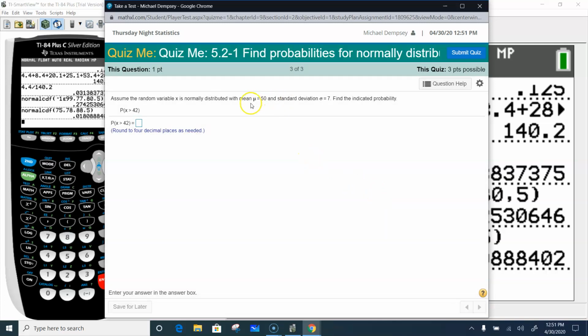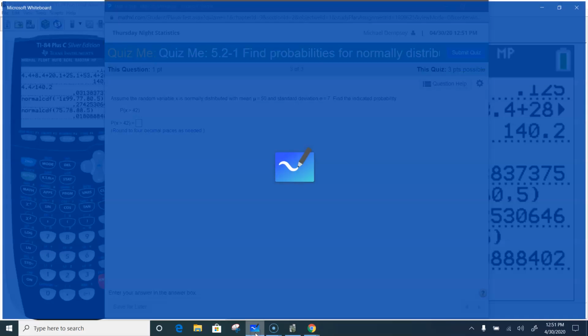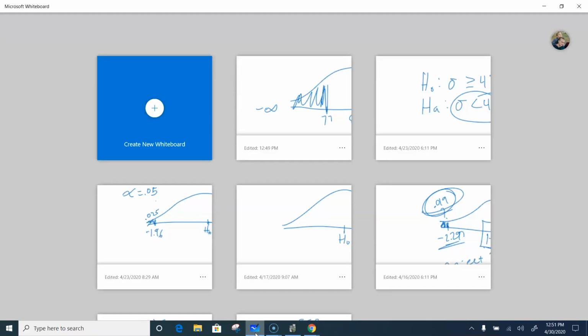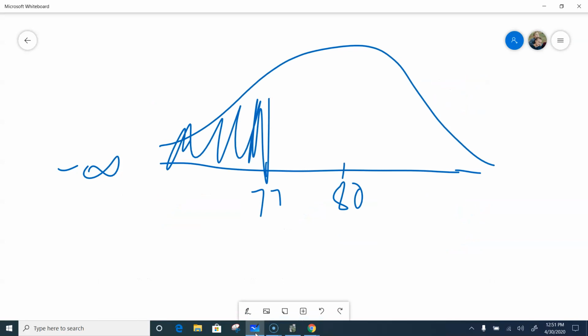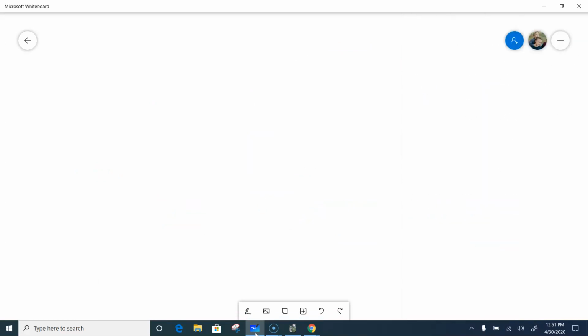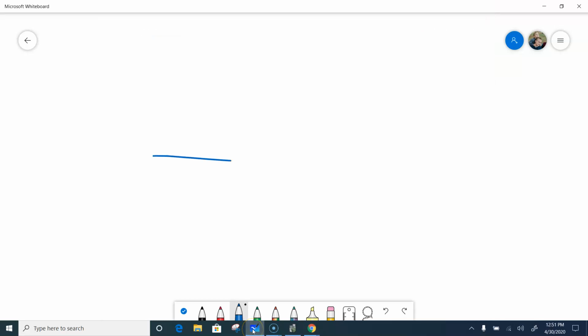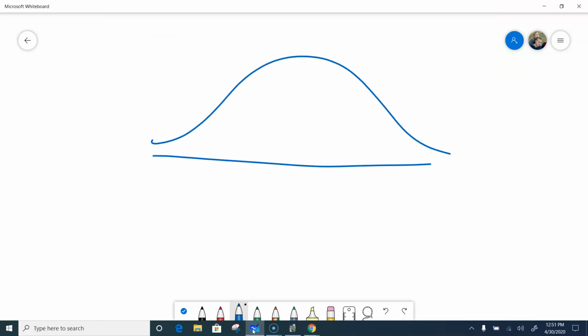Okay. Greater than 42. Mean of 50. Standard deviation of 7. So try to picture this. The mean is 50, and we want greater than 42. So 50 lives in the middle here, and 42 is over here.